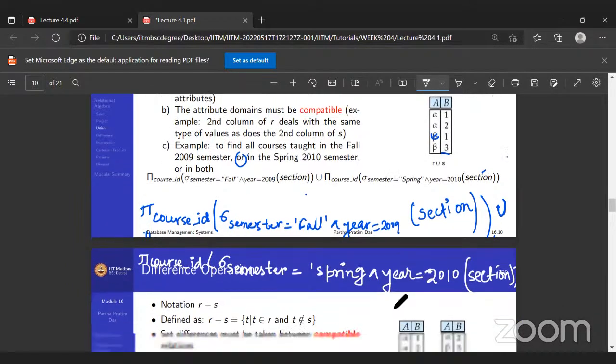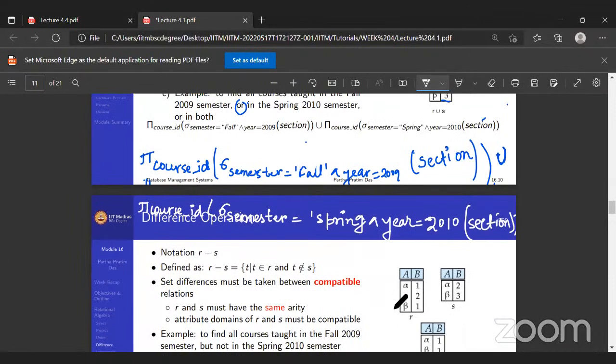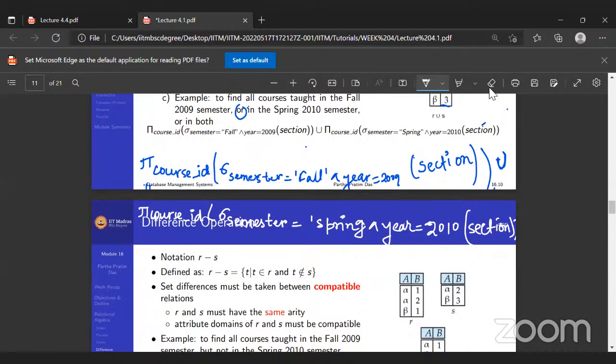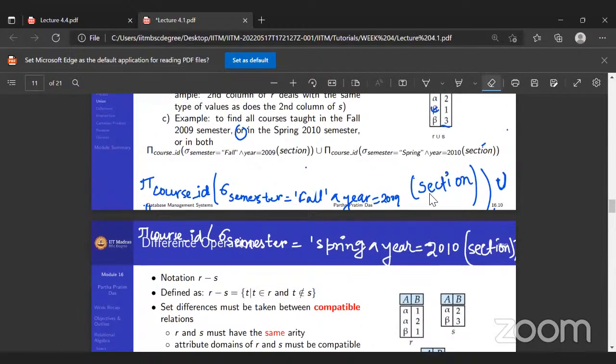Next is the difference. Sir, how do you read the whole notation? Suppose we are writing the answer somewhere, how do we read it: project course ID, or select course ID? This is the notation.